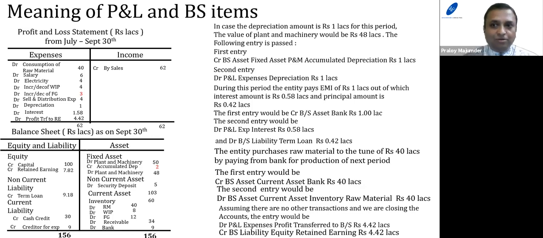Up to now, you are very clear about how the P&L and balance sheet are prepared. Many congratulations to you, because what you have learned is a very important concept of accounting, and you have got your fundamentals clear.